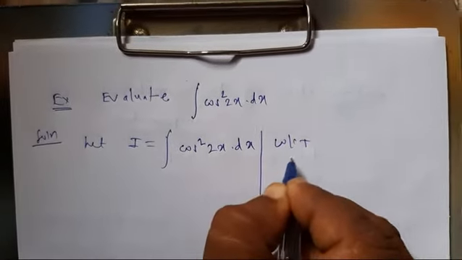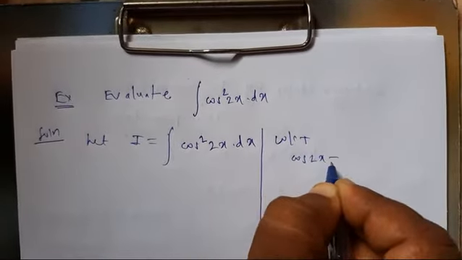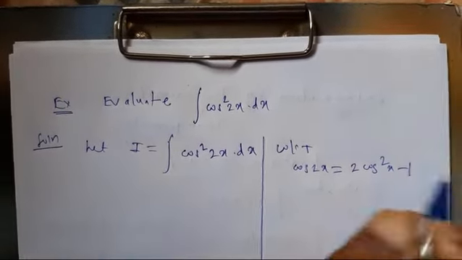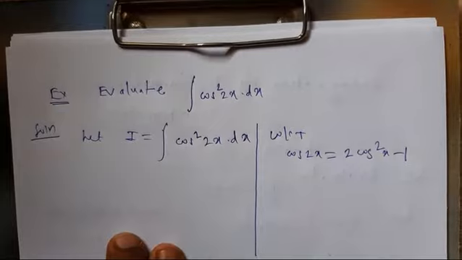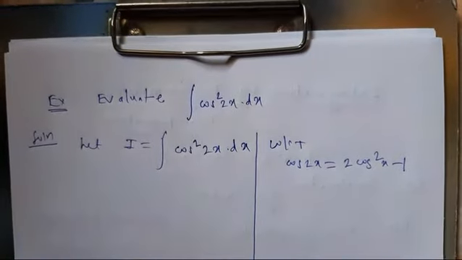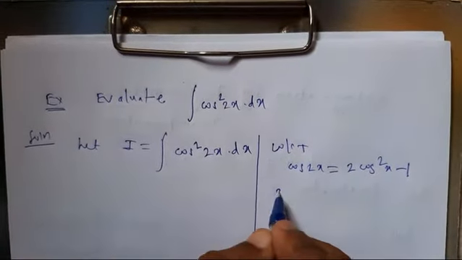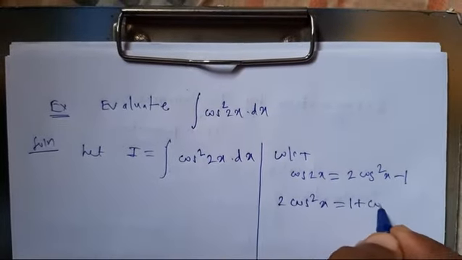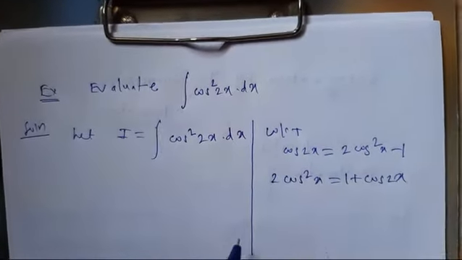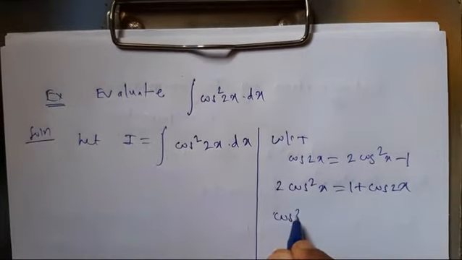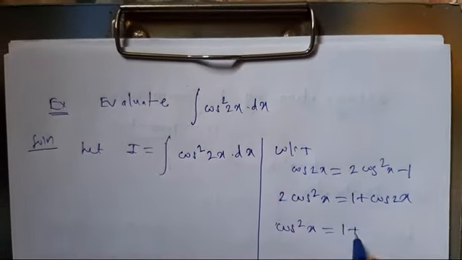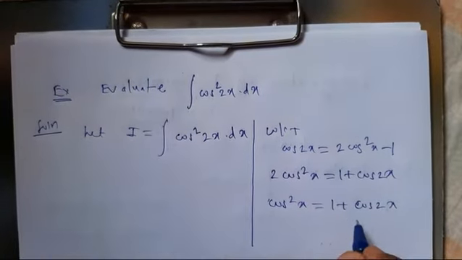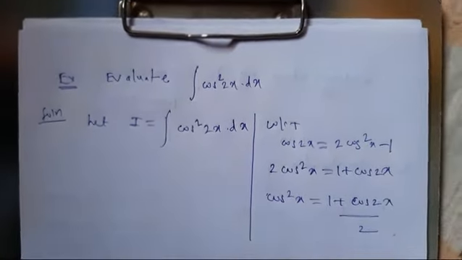We know that cos 2x is equal to 2 cos square x minus 1. So this is cos 2x in terms of cos square x formula. So therefore 2 cos square x equal to 1 plus cos 2x. So cos square x is equal to 1 plus cos 2x upon 2.